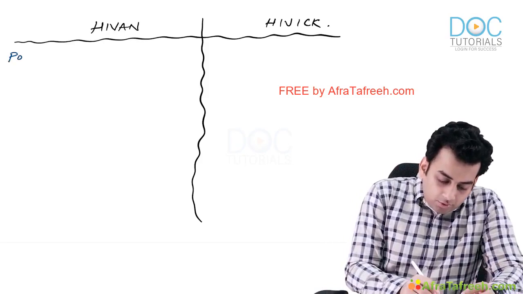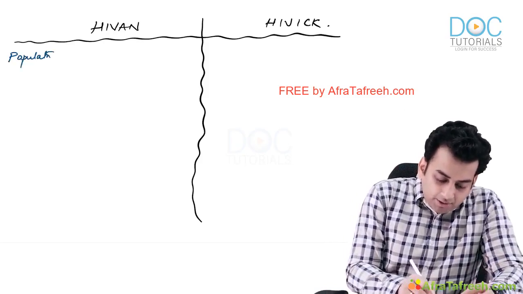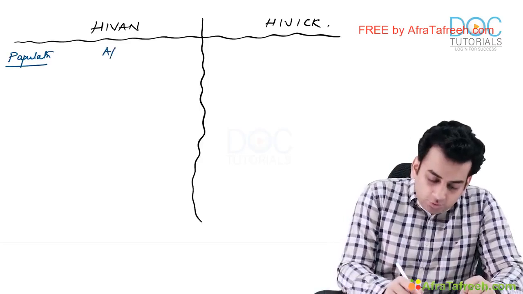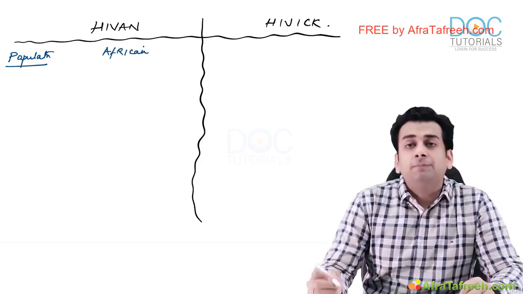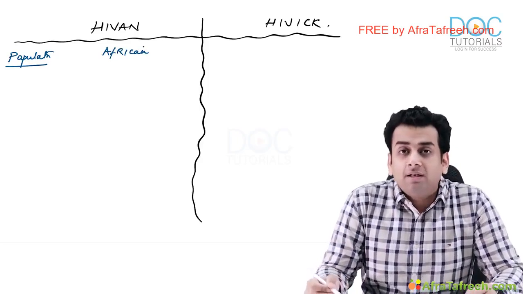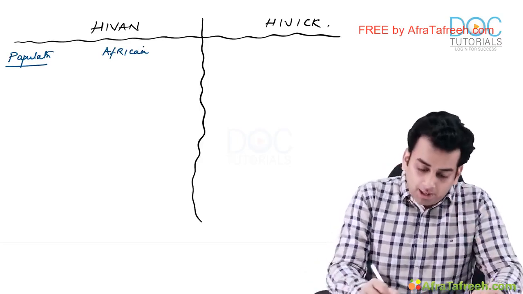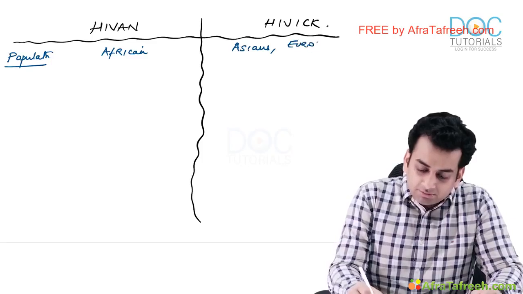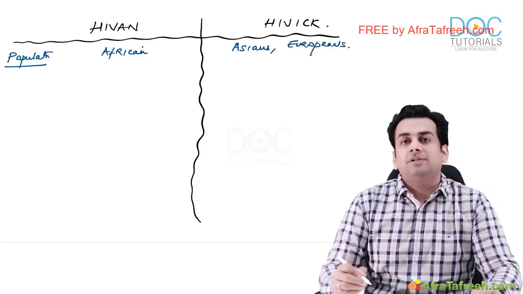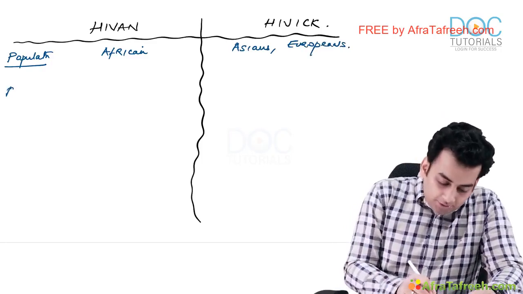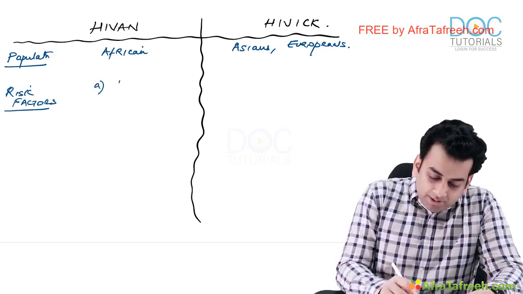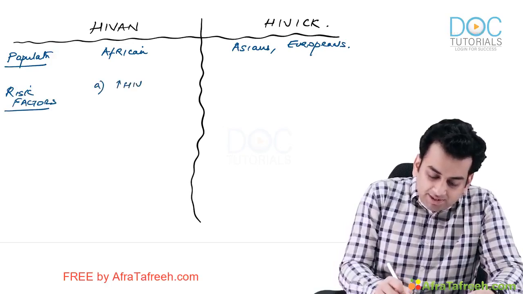Now, in which population is HIVAN very common? I have told you HIVAN is more common in the African population, whereas HIVICK is seen to be more common among the Asians and Europeans. The important risk factors for HIVAN are: number 1, increased HIV viremia.